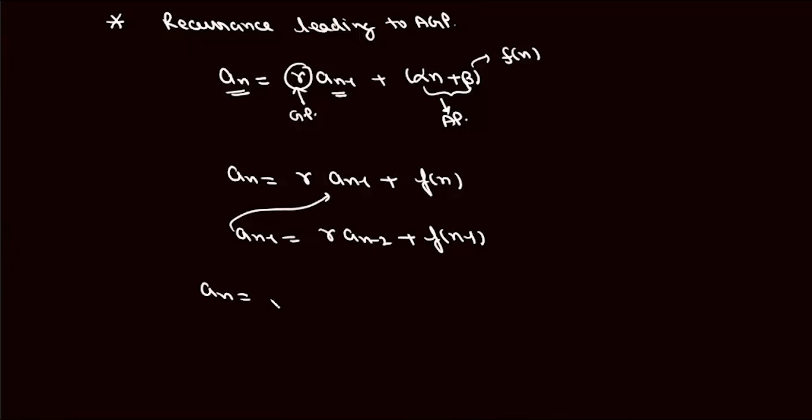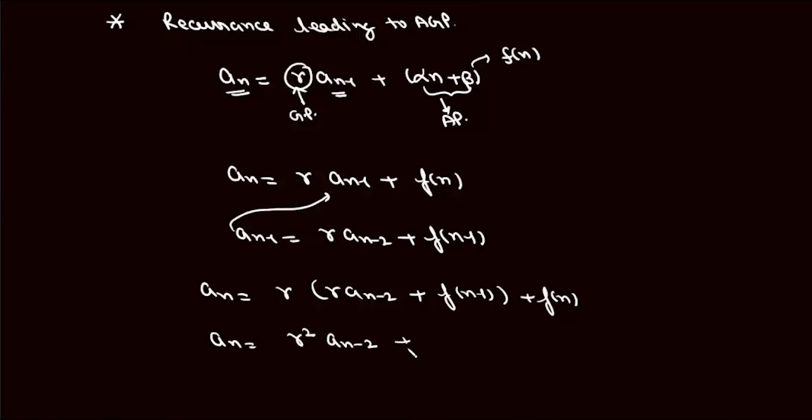So an equals r into r an minus 2 plus fn minus 1, plus fn. So this an will be r square an minus 2 plus r fn minus 1 plus fn.